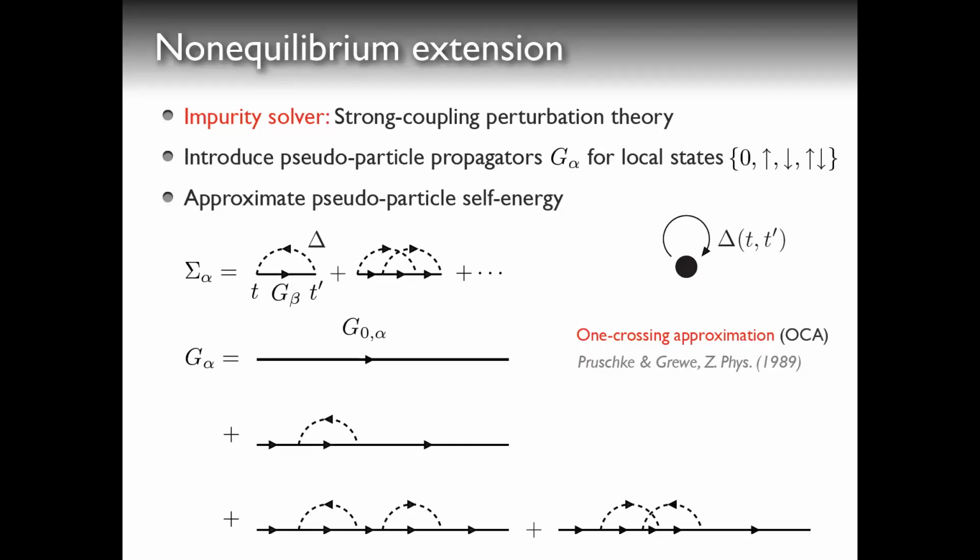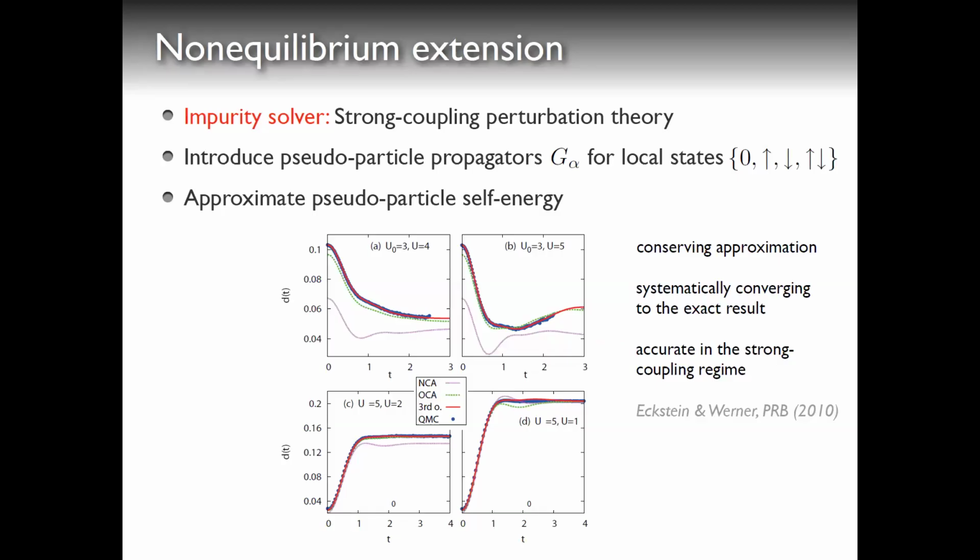That's why this is called the one crossing approximation, and then we can push this to third order and fourth order. And that's a nice method in the sense that in the strong coupling regime, it systematically and quickly converges to the exact result. Here's again a test against the Monte Carlo data.